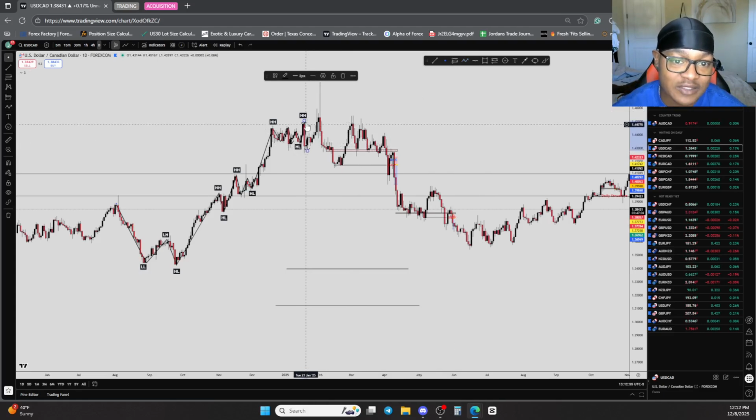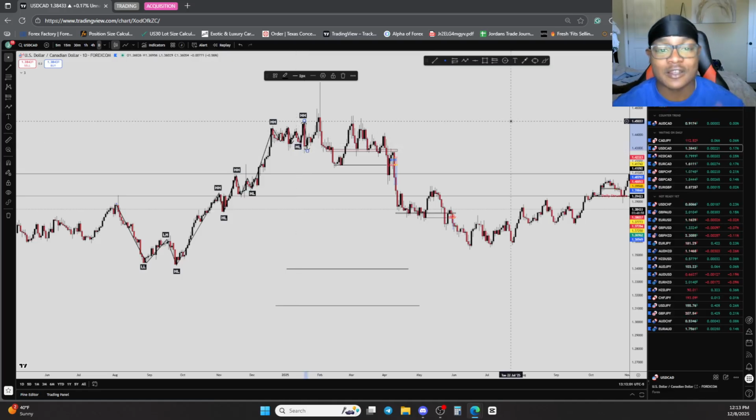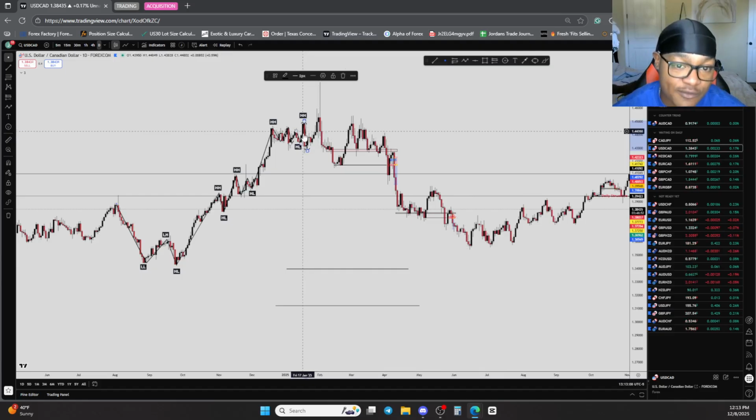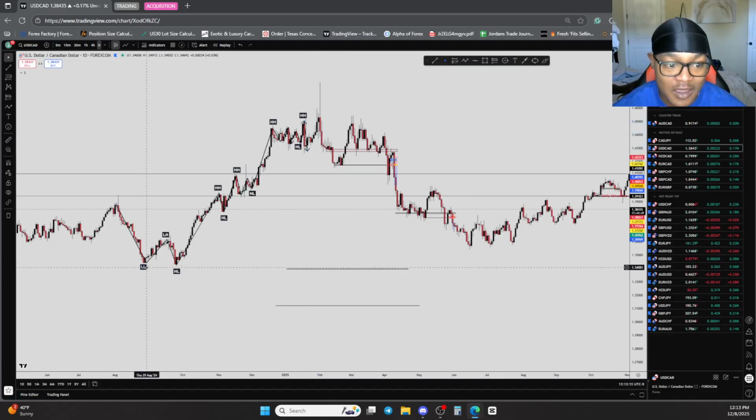We see price have this extension towards the downside, breaking past our higher low. And if we break past our higher low, we know price is going to form a new lower low, aka going from a bullish to a bearish trend, which also means a switch of structure.